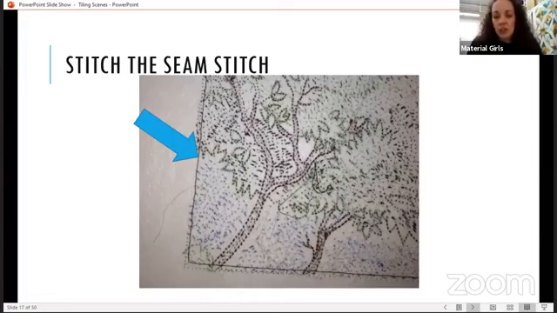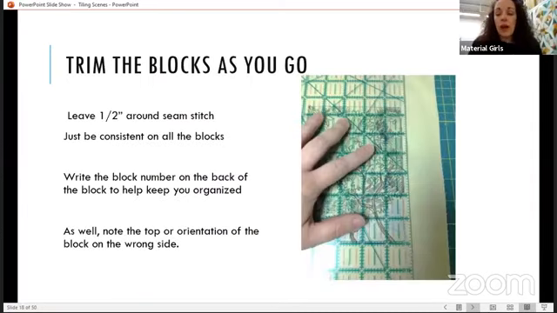So here's a picture, and that black thread the blue arrow is pointing to is what we call the seam stitch. This is the stitch we use to line up our 1/2 inch trim line. Early tile scenes from OESD will tell you 1/4 inch, but I highly suggest that you trim all of your tile scenes to 1/2 inch.